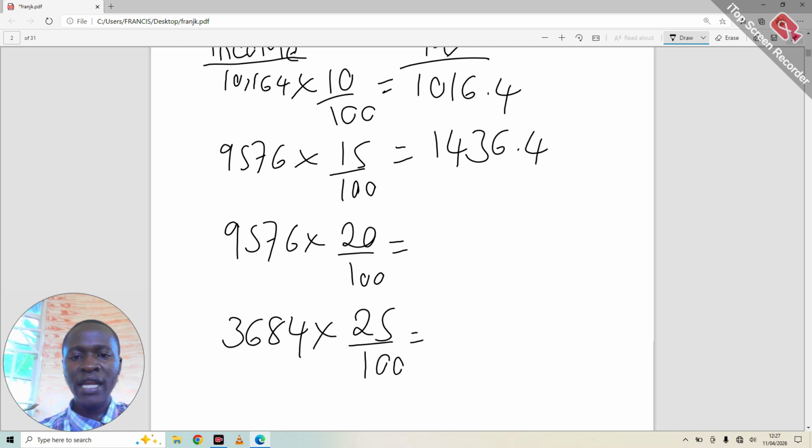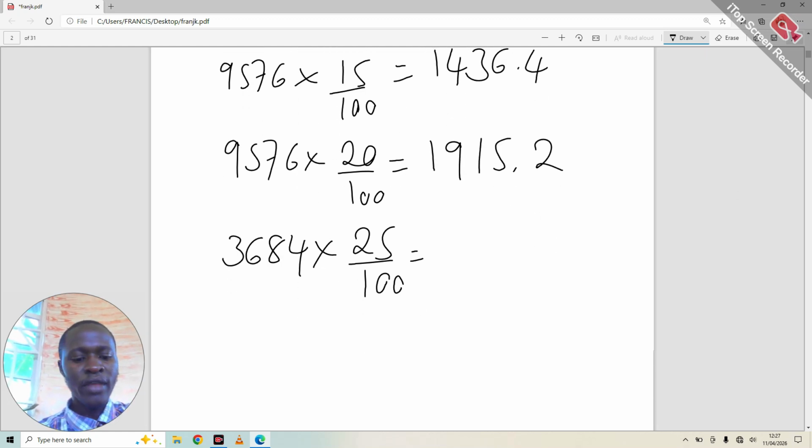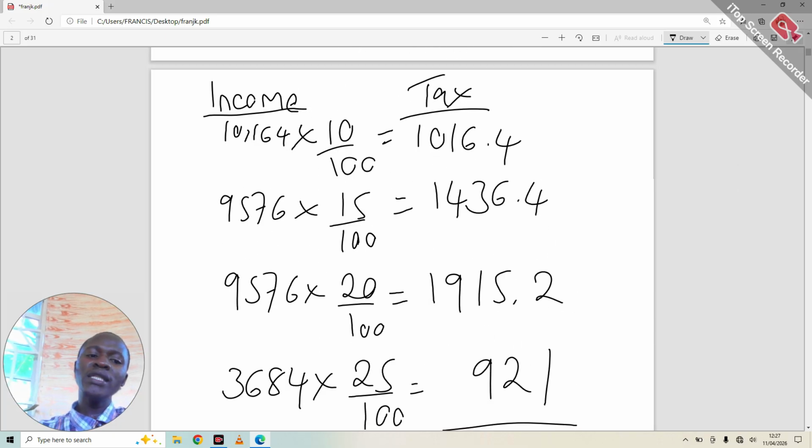We shall have 1915.2. Then the last part, but not least, 3684 multiplied by 25 over 100. We shall have 921.